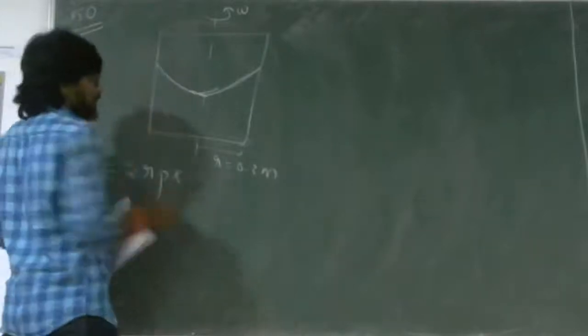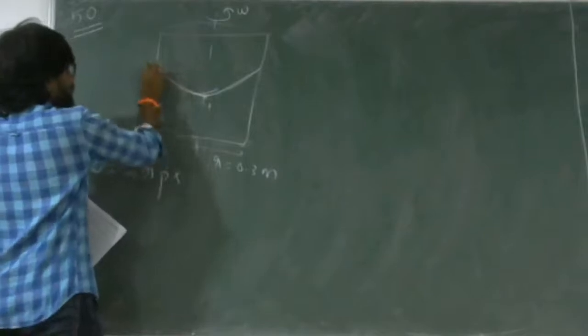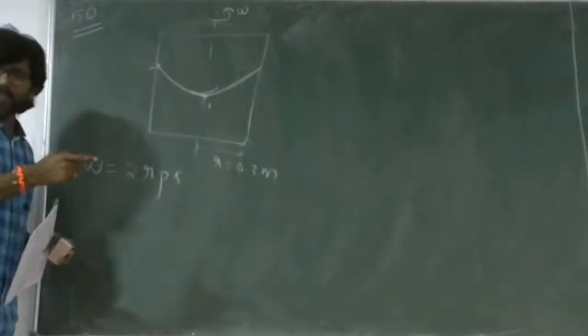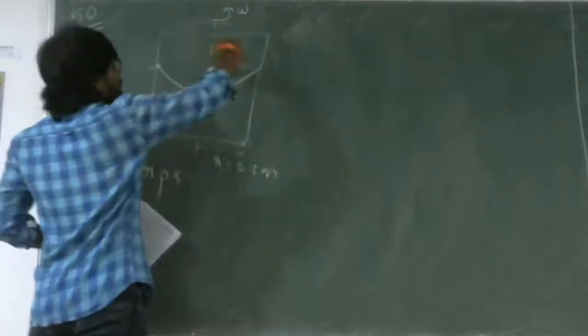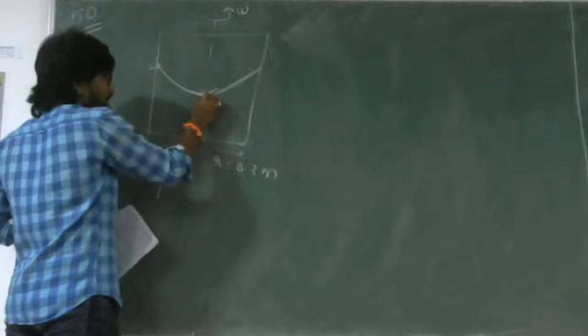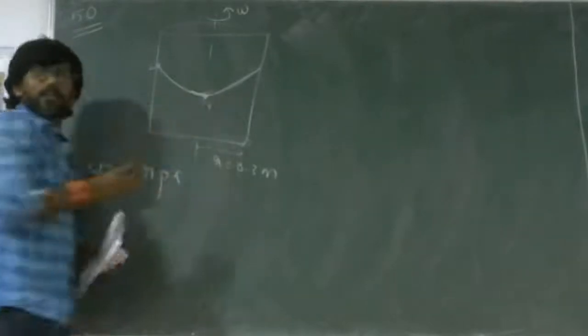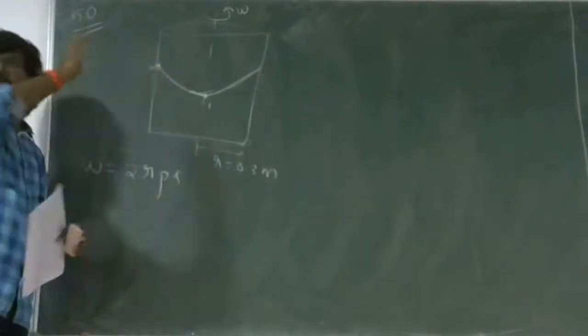Let us say this is point 1, this is point 2. At this point, which is free to atmosphere, pressure at point 1 is nothing but atmospheric pressure. Pressure here is also nothing but atmospheric pressure.